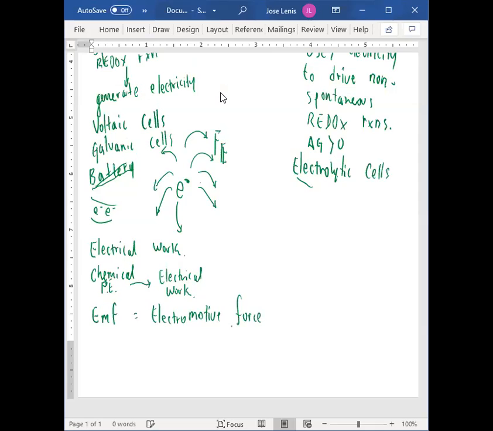Here, be careful with the word force, because it does not have the same meaning as physical force.